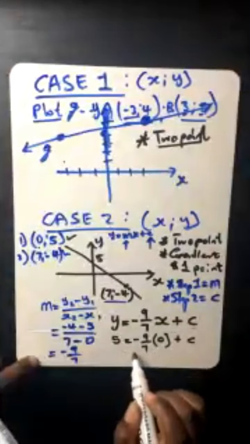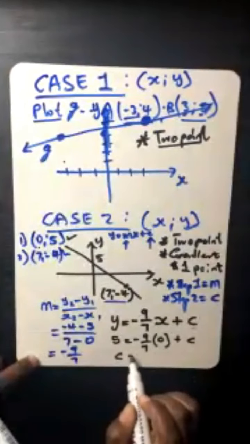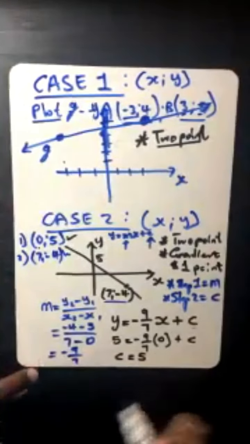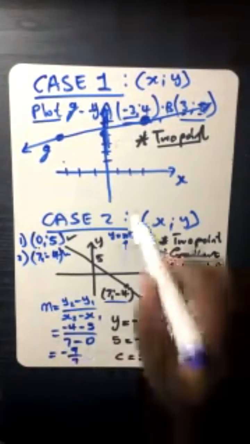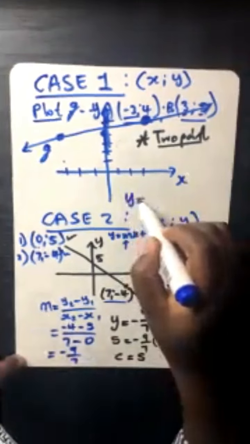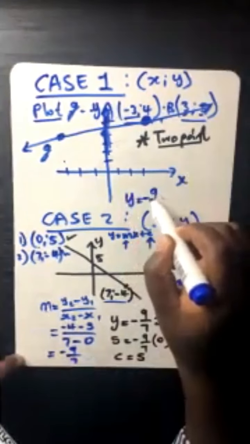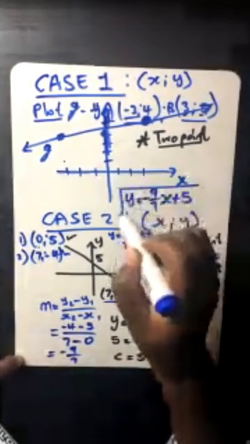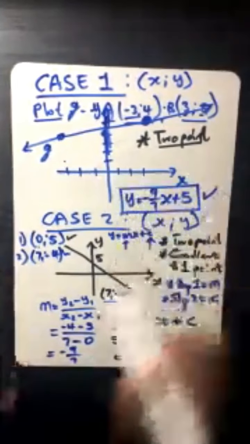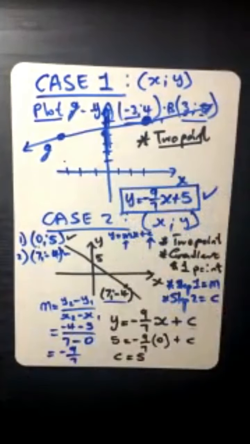The whole of this is 0 because you're multiplying the gradient by 0, so c equals 5. Then in answering the question, you don't end it there. You have to write y is equal to negative 9 over 7x plus 5. You get a mark for writing that as your final answer.